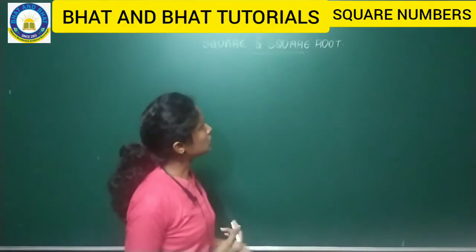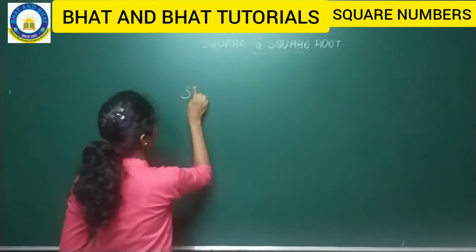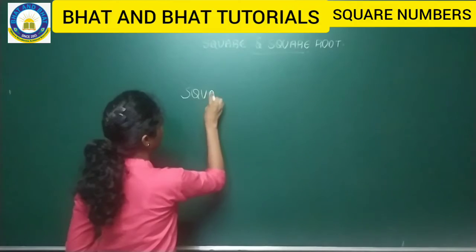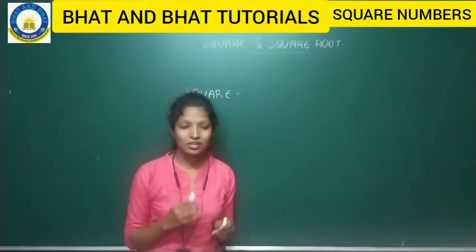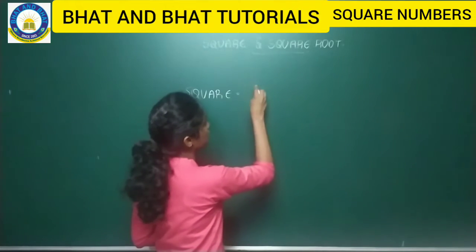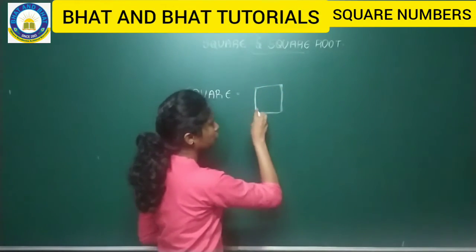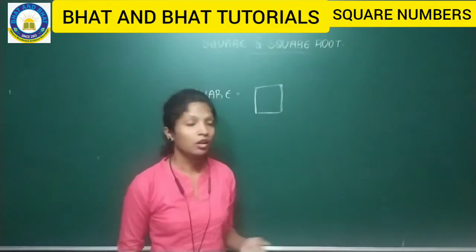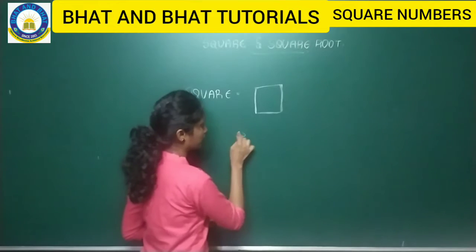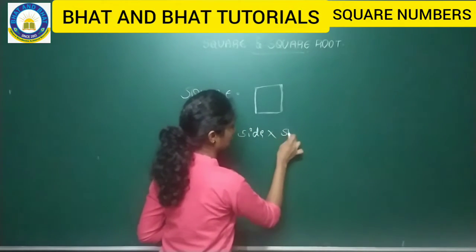Before going to square and square root, let us know what is square. The main thing that comes to our mind as soon as we say square is this diagram. Correct? This is the square that we get in our mind as soon as anybody says it is a square. So what is the formula for square? Side into side.